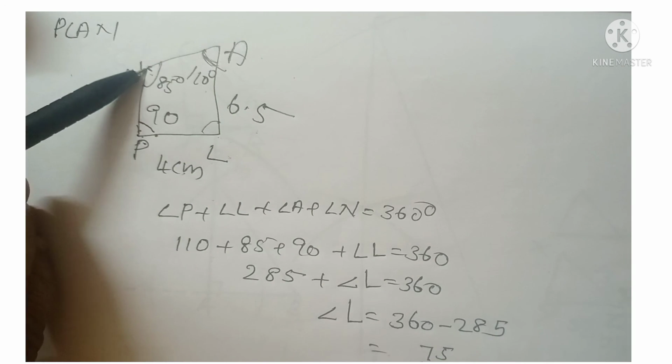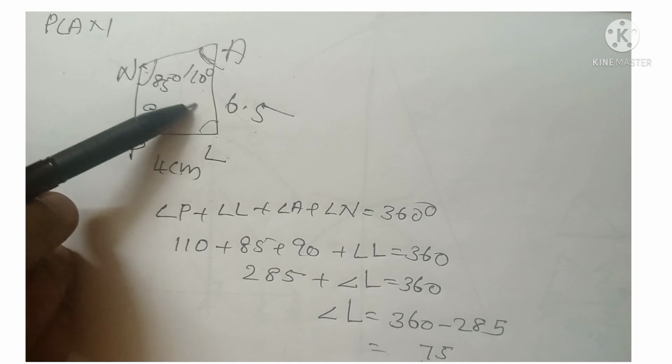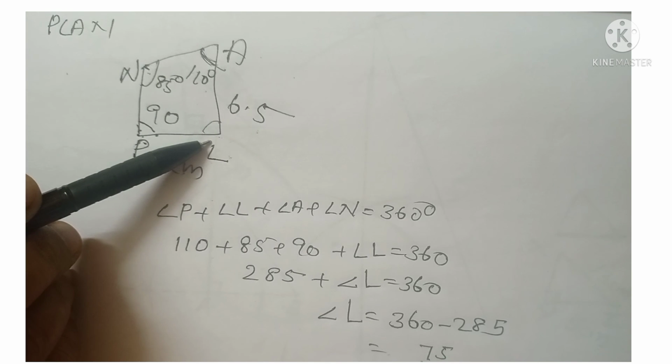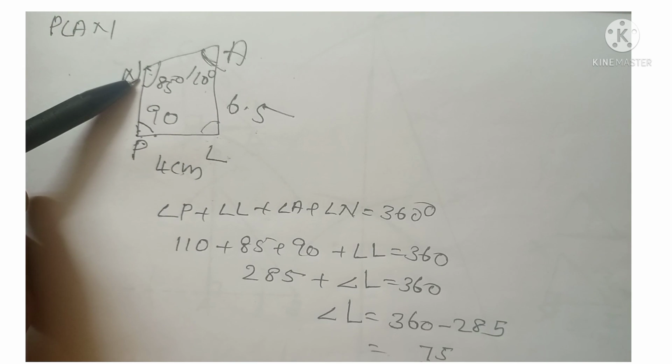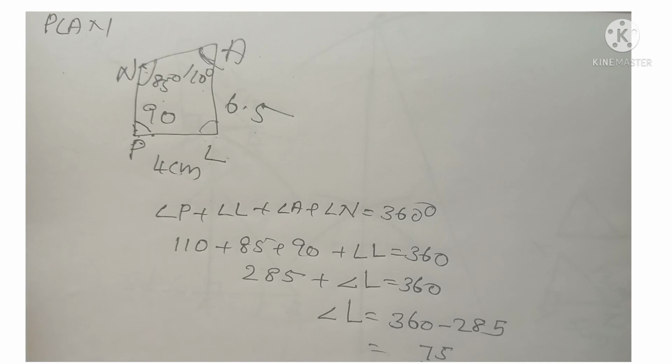Then join that point. The same we completed in the previous problem. Since we want to find the measure of L, since angle N is given as 85 degrees, only the difference in between these two.